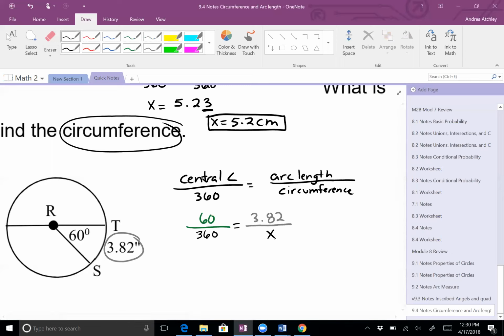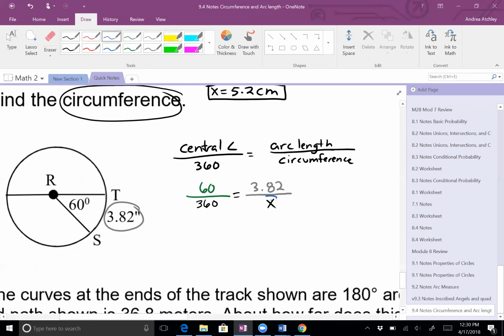Okay, you solve the proportion. Cross multiply. Get 60x equals then 360 times 3.82.